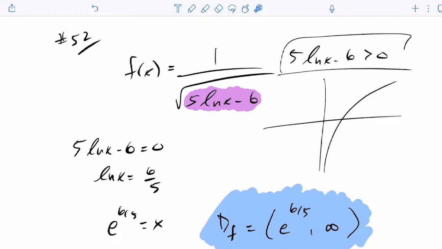For 52, I don't know if that makes sense for you guys. Is this okay for 52?